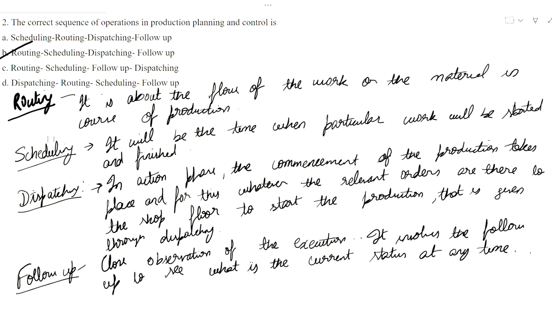Dispatching comes in the action phase where the commencement of production takes place, and the relevant orders are given to the shop floor to start production. Follow-up is close observation of the execution, to see the current status of any job at any time.